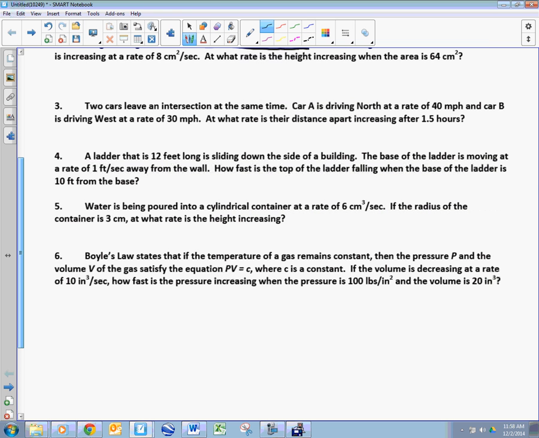Two cars leave an intersection at the same time. Car A is driving north at a rate of 40 miles per hour. Car B is driving west at a rate of 30 miles per hour. At what rate is their distance apart increasing after 1.5 hours?